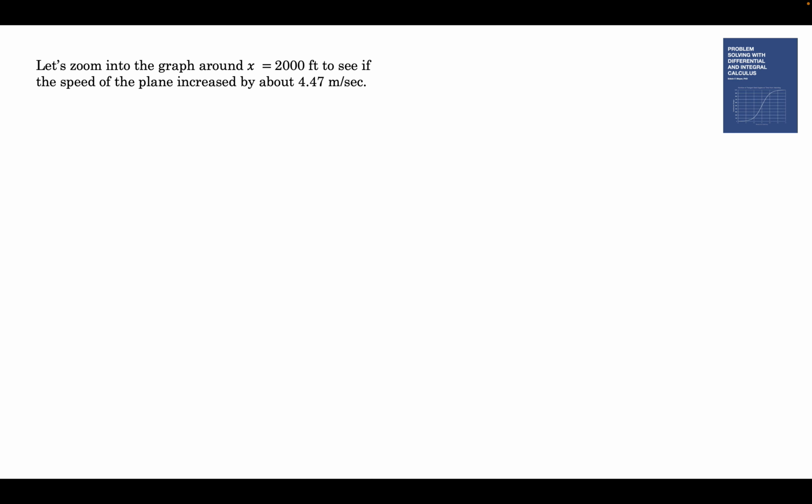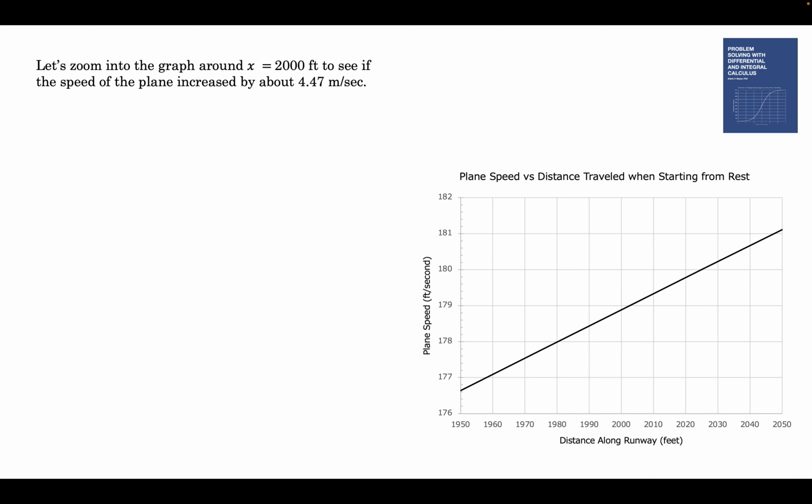First, let's zoom in to the curve around 2,000 feet to see if the speed increased by that much. That's 1950, that's 2050, that's 2,000. We're using the slope at 2,000 to extrapolate. At 1950, it looks like it's a little above 176.6 feet per second.